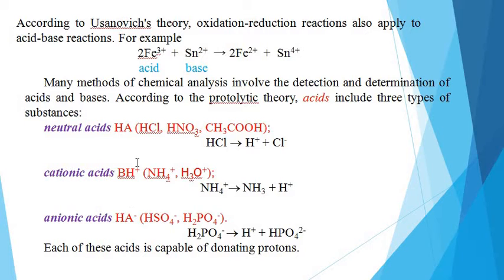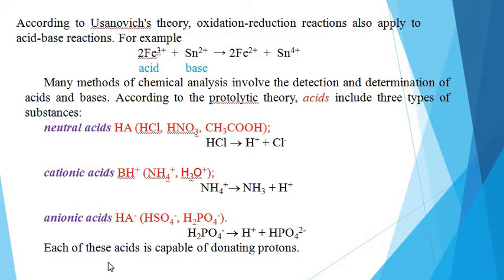Cationic acids with a general formula BH positive, there is ammonium, hydroxonium ions. It's a decomposition protolytic reaction of ammonium into ammonia gas and hydrogen positive.